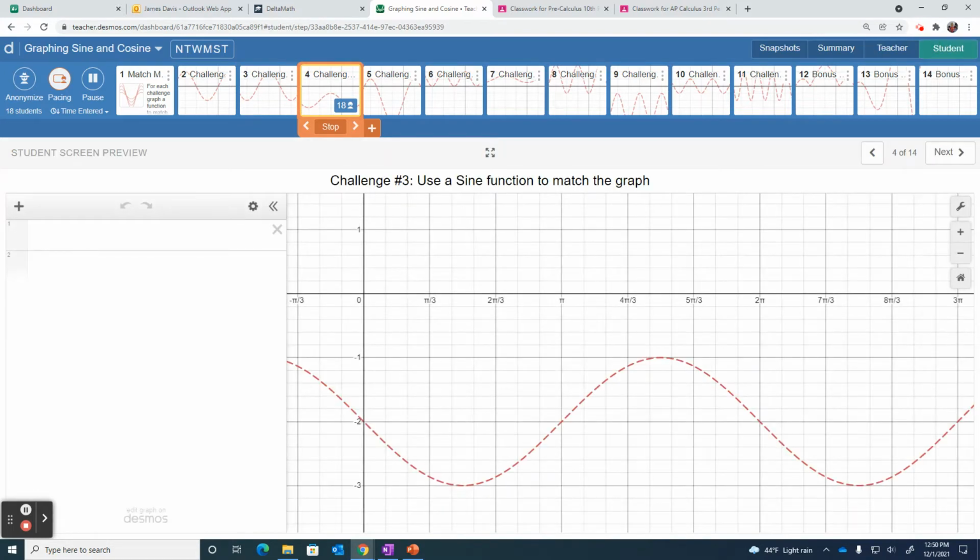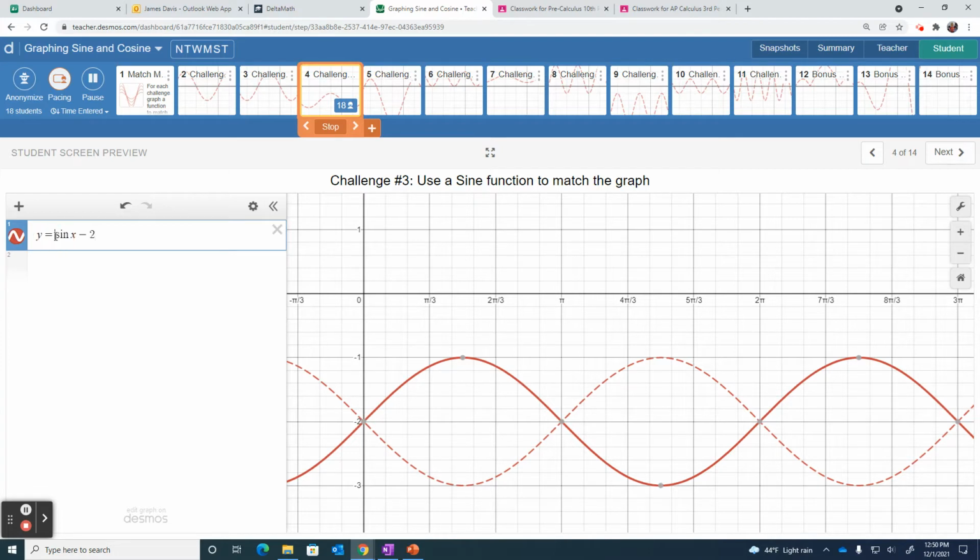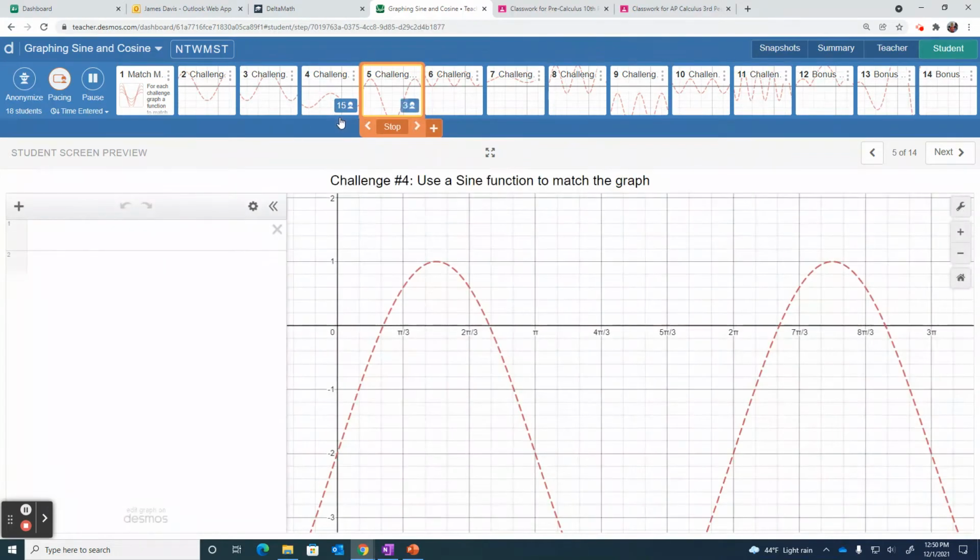Good. This one's reflected as well, and then it's shifted down, so we want to add or subtract on the outside. So it's sine x, and then it's minus 2, shifted down. And with the negative in front. Very good. All right, next one.